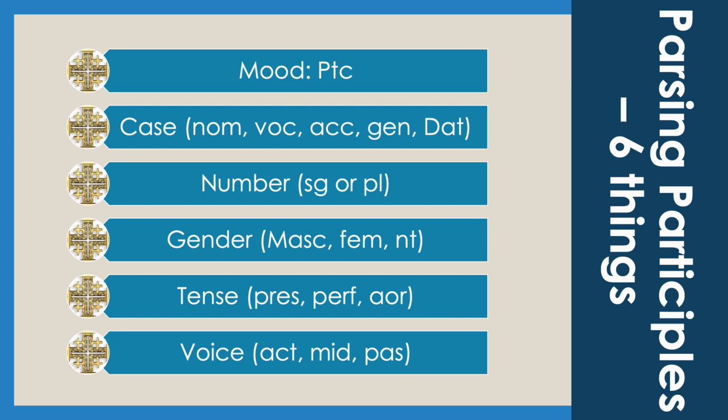What we need to do is know what those different parts mean, and that's why I'm doing this lesson on the grammar in English. So when you look it up and you see that it's a nominative or a dative, plural or singular, masculine, feminine, perfect or present, middle or passive or whatever, you will know how that word is then translated. Quite often participles are translated into ing words in English.